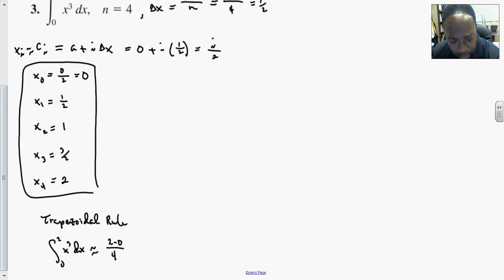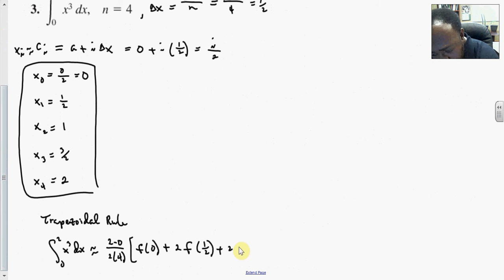So this is 2 over 2 times 4, times f of x at 0, then plus 2 times f of 1/2, plus 2 times f of 1, plus 2 times f of 3/2, then plus f of 2.